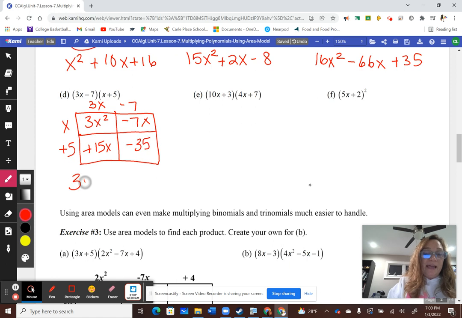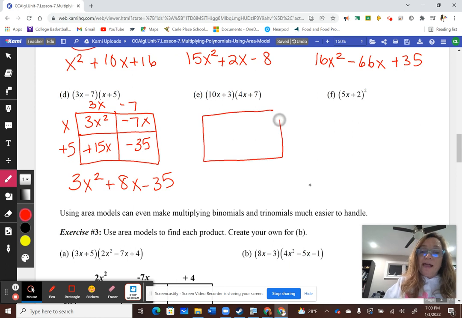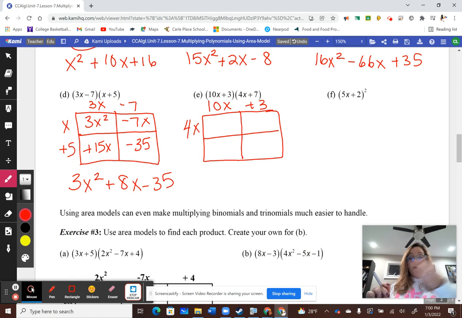So when I combine the like terms, I get 3x squared plus 8x minus 35. And again, you can check this. Okay, so this is called using an area model or using the box method. And it's a great way to keep your work organized. And you just need to make sure that you have a like column or row for every term.